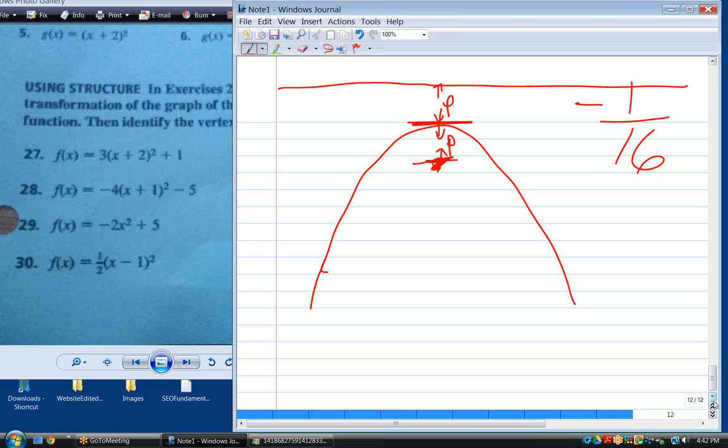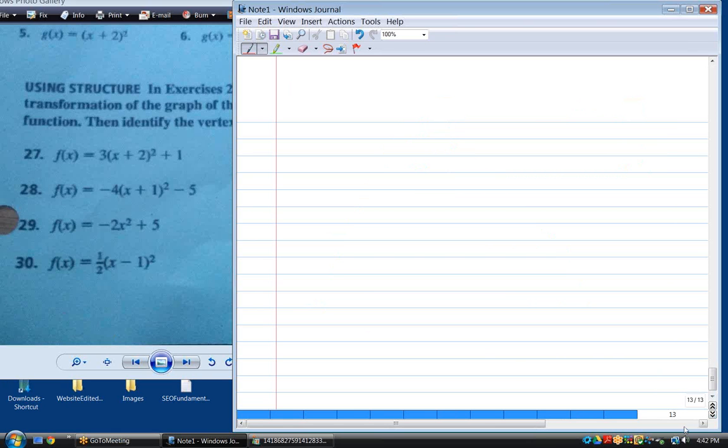Do one more. What's the focus on 30? Here, let me write this down. So what's the general formula for focus in A? It's A equals 1/4P.